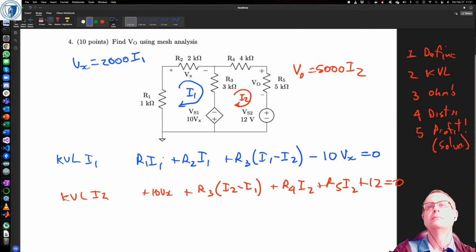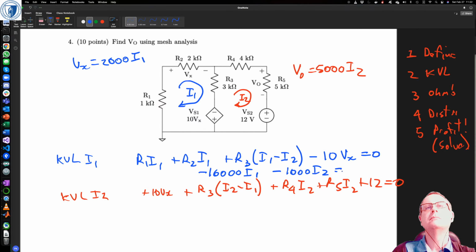Just give me the equation with all the numbers in it. Okay. So combined for KVL for I1 is negative 16,000 I1 minus 1,000 I2 equals 0. And then the second one, I have 17,000 I1 plus 12,000 I2 equals negative 12.